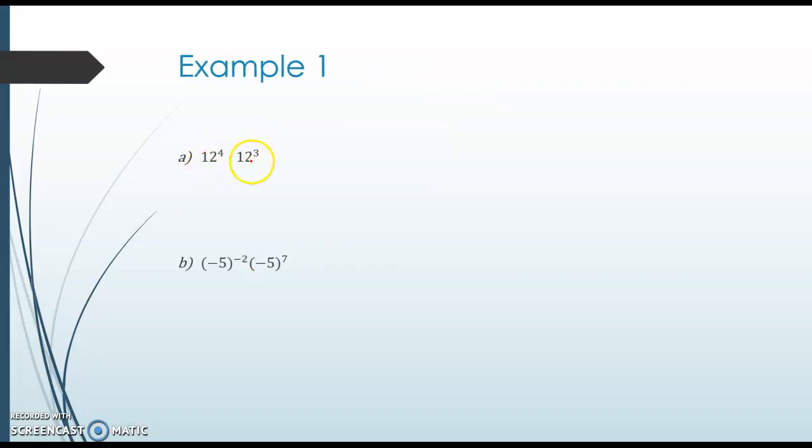Do not multiply the bases here. If it is the base, it stays the same. Base stays. And then we're going to take our exponents and add them together. So our final answer here is 12 to the 7th power. So again, base stays. So we're going to have negative 5. And then we're going to add negative 2 plus 7. Don't go changing this negative 2 as a fraction.